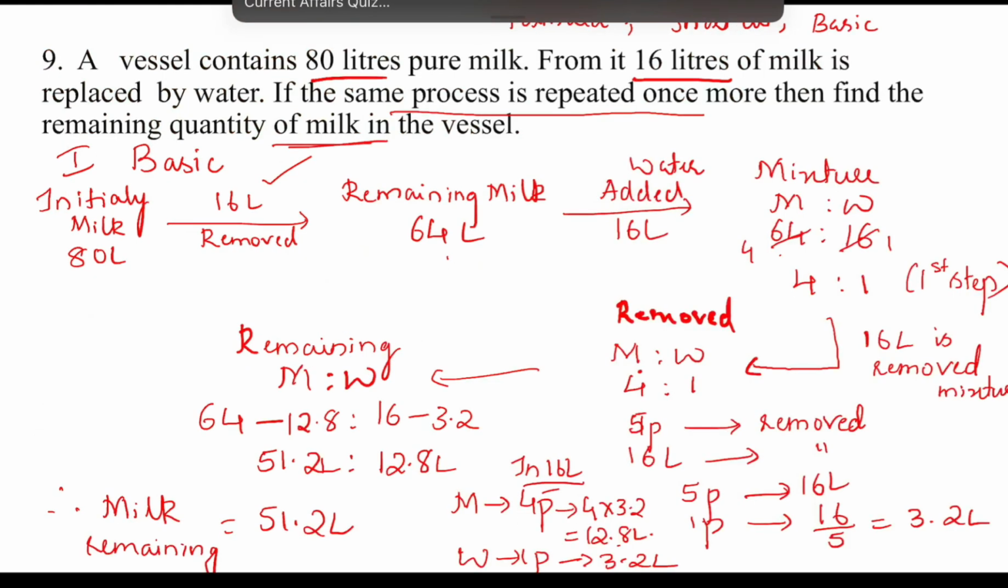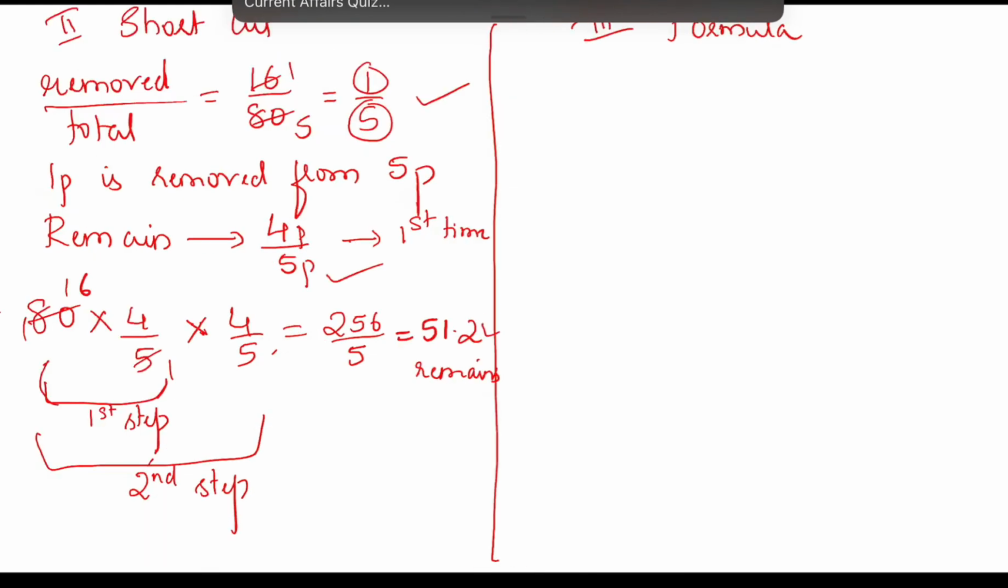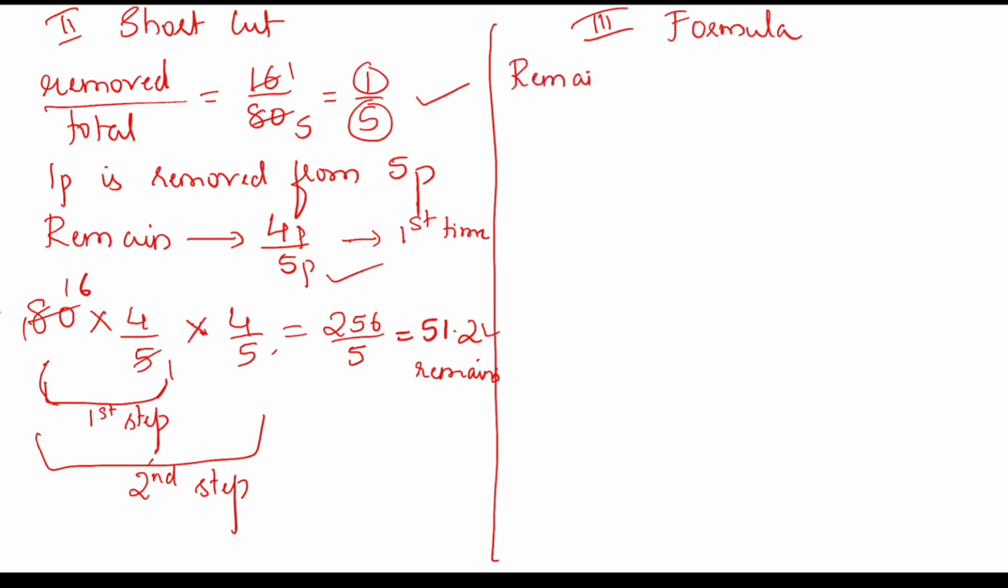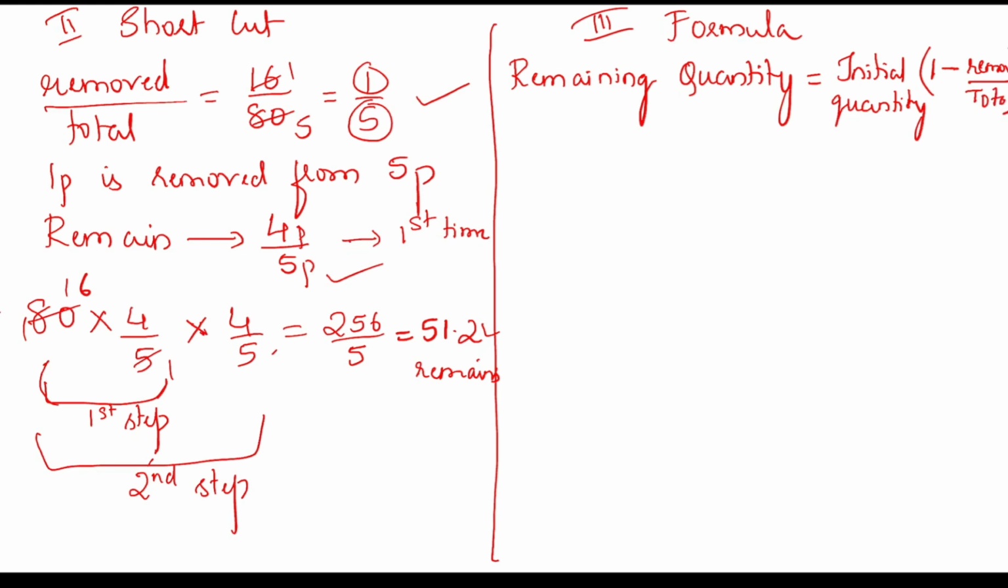This is the same thing we got here, isn't it? This was the shortcut method. Now there is one formula for such problems. So what is that formula? Remaining quantity is always equal to initial quantity into 1 minus removed quantity divided by total, the whole raised to n.